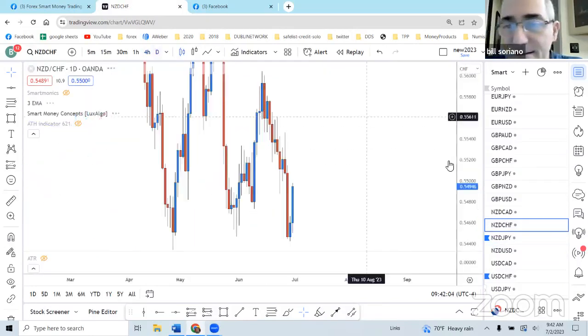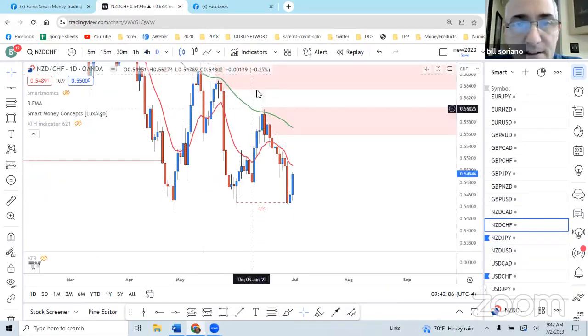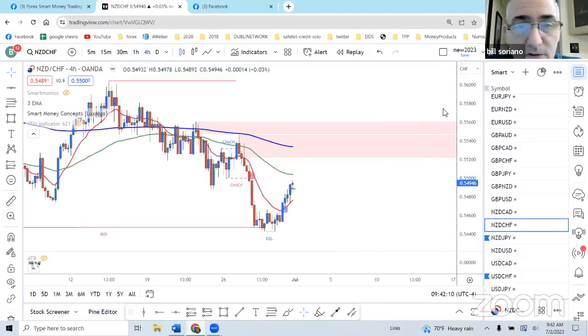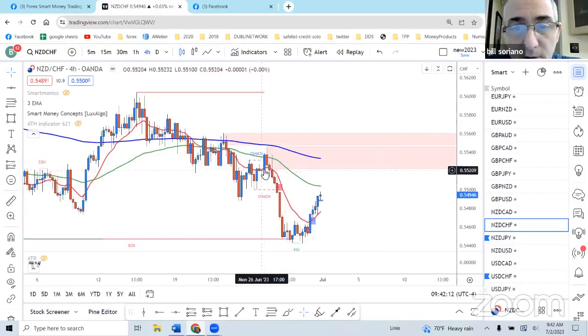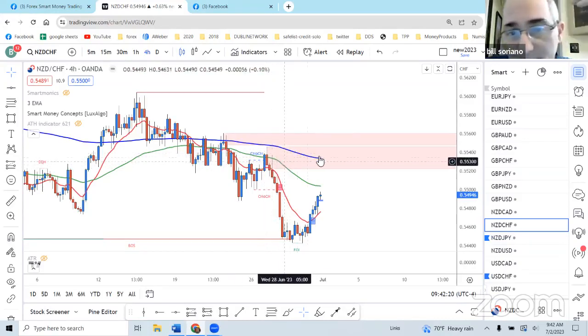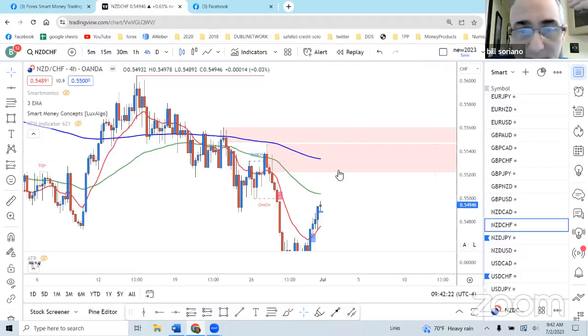Okay, NZD CHF. If we look at this, we can see the 4-hour, the daily is bearish. We're also still bearish here on the 4-hour. We have a nice banker candle here, but we don't get an engulfing candle and we don't have any imbalance in this order block here that it's giving us. See how that wick comes up?